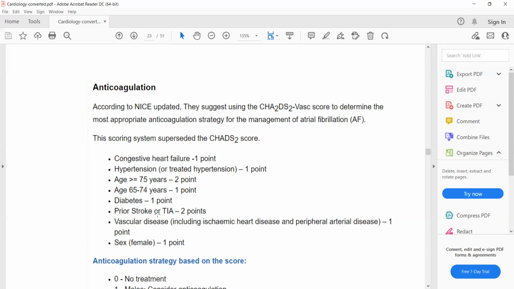D stands for diabetes, 1 point for diabetes, and S stands for, with S, 2 is written. S stands for stroke, so 2 points for stroke or transient ischemic attack.